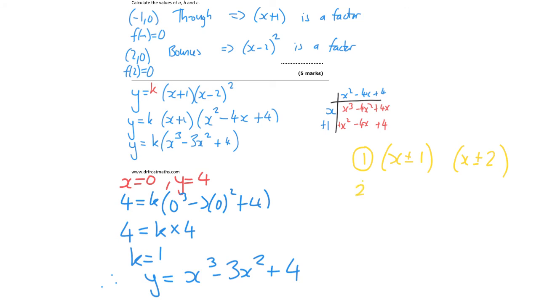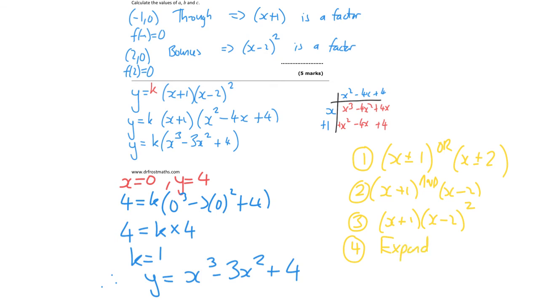You get a second mark for getting the signs right, so you have to have x plus 1 and x minus 2. For the third mark, you have to have it all correct: x plus 1 and x minus 2 with a squared. For the fourth mark, you have to multiply out the quadratic and then multiply by the linear term.